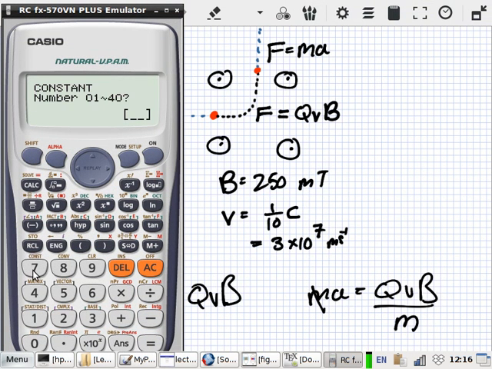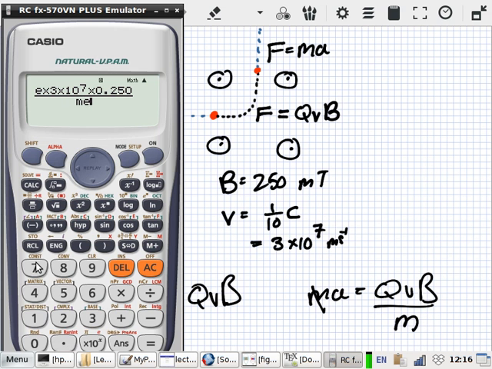Q is the charge of an electron. The V we said is 3 times 10 to the 7. The B is 250 millitesla. And the M is constant number 3.